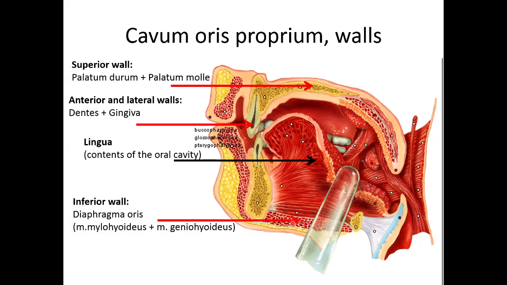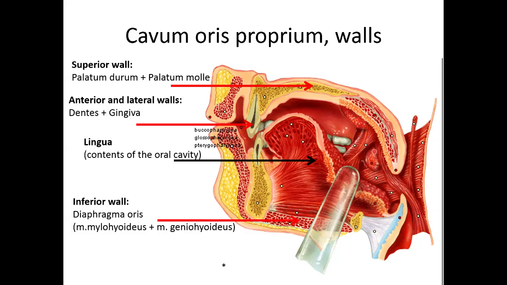So inside of cavum oris proprium we can find tongue. And what about posterior wall? Can we find here posterior wall or not?